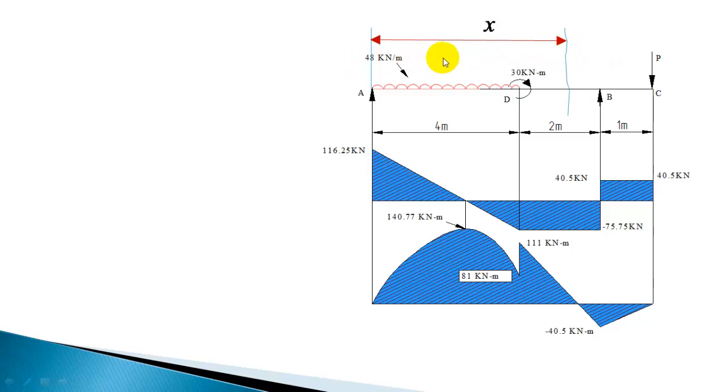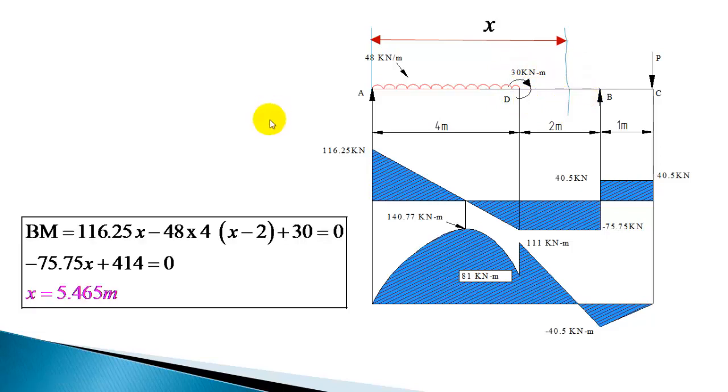The location of the resultant load is 2 meters from here. So from the section it will be x minus 2. So minus 48 into 4, that is the load, into x minus 2, that will give the moment produced by this, plus 30, this clockwise couple, you should add plus 30, that will be the bending moment at this section.